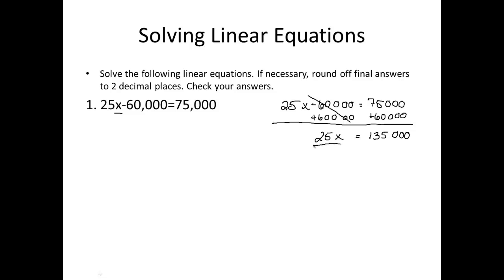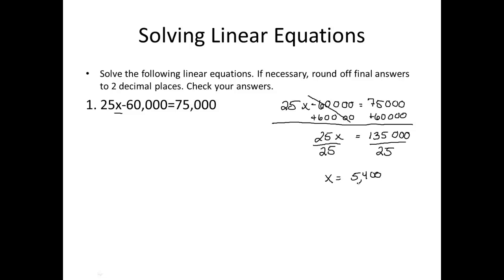Now to just have x on the left, since the 25x actually means 25 times x, what we need to do is divide the left side by 25, and if we do that to the left side, we have to do that to the right side also. And so we have 25x divided by 25 equals 135,000 divided by 25.